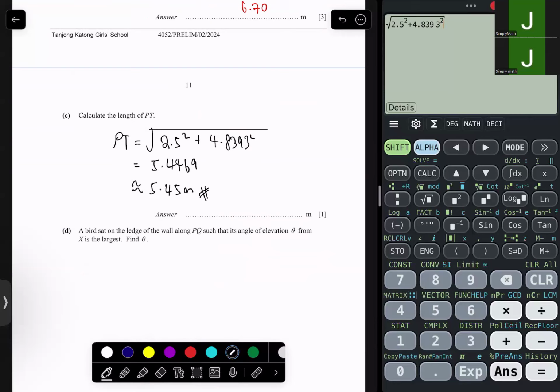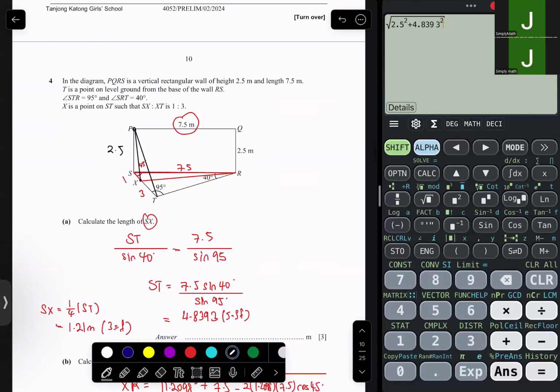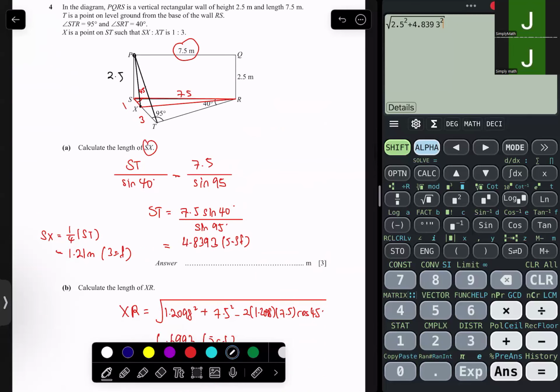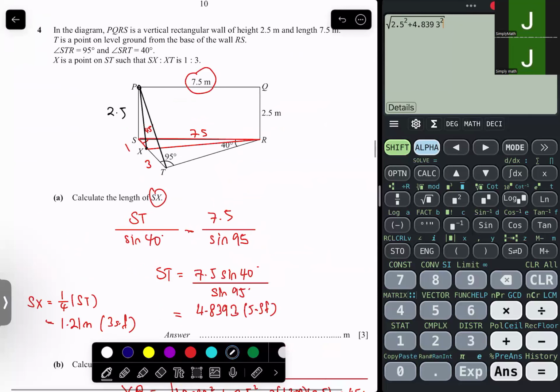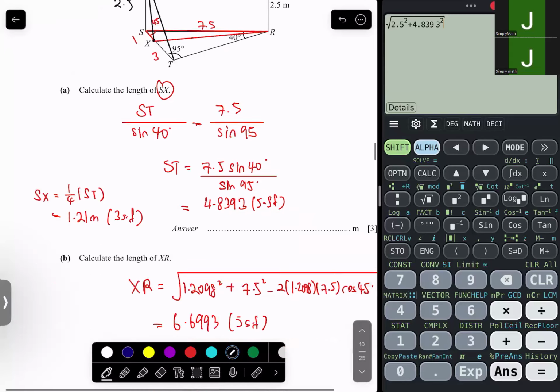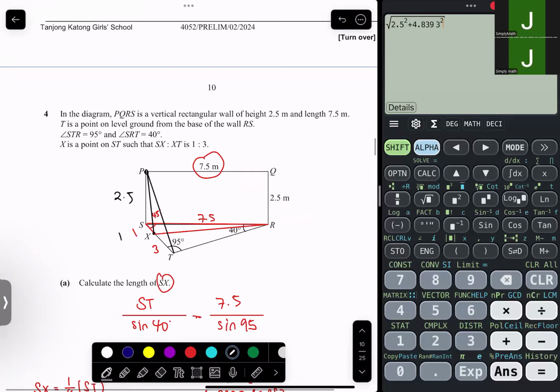If I have a point X, the largest angle of elevation will be at the point that is nearest. So that looks to be P, right? Okay, let's try it out. But it's not 4 marks only, right? So what is throwing me off is the 4 marks actually. So SX is equal to 1.21. PS equals 2.5.